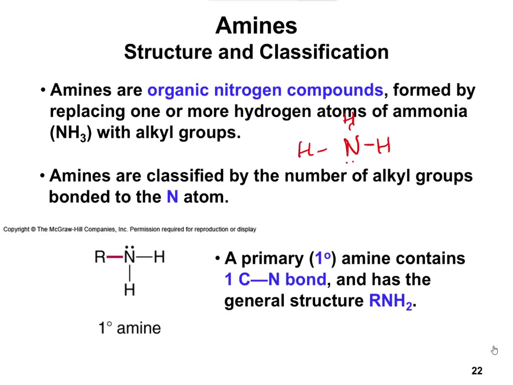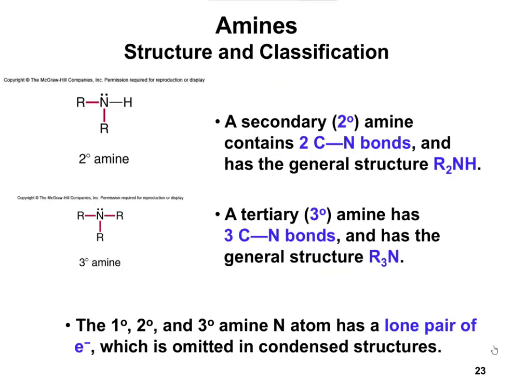So we can classify amines as either primary, secondary, or tertiary amines. A primary amine is going to have one bond that's a carbon-nitrogen bond. A secondary amine is going to have two carbon-nitrogen bonds. And then a tertiary amine is going to have three carbon-nitrogen bonds.